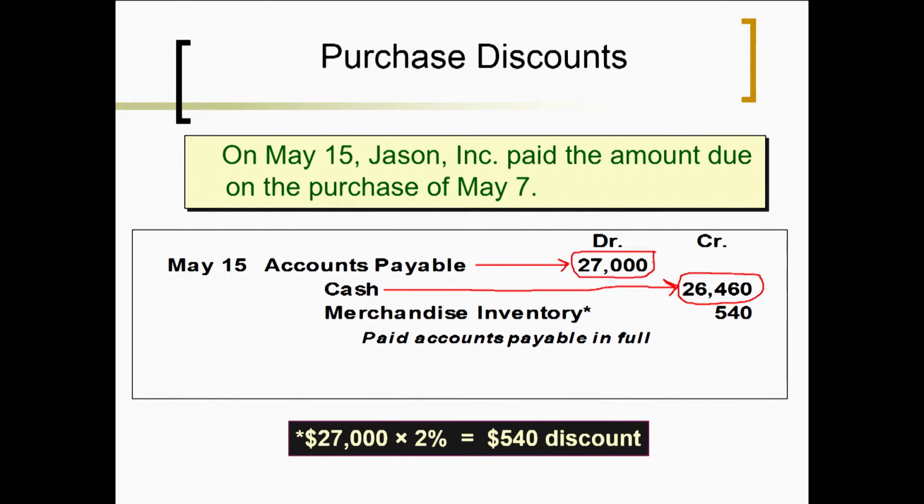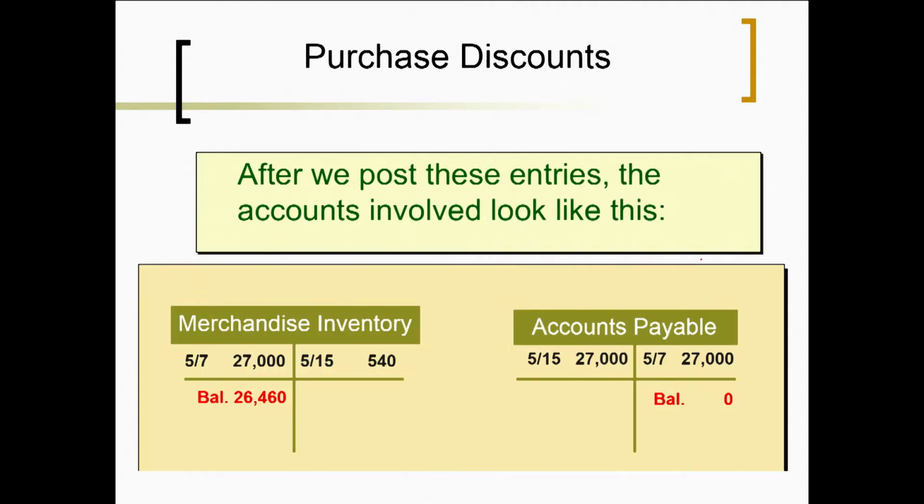Okay? We don't debit AP for $26,460. And the reason is, let's look at the accounts payable T account right here. We originally credited $27,000 of accounts payable, right? If we debited it incorrectly for $26,460, it would imply we still owed them money, but we don't.